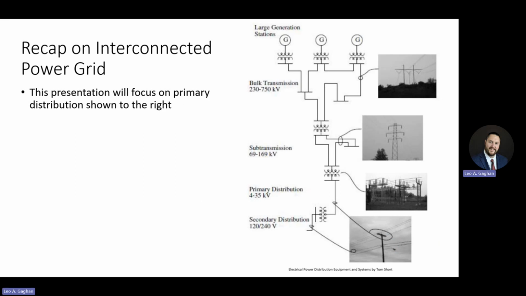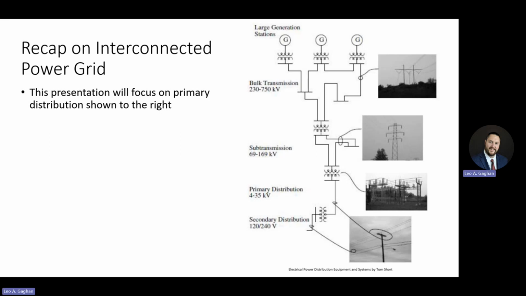This is a recap on the interconnected power grid, to get the big picture. The way that power flows is it goes from the large generation stations, with voltage stepped up to go onto the transmission system.